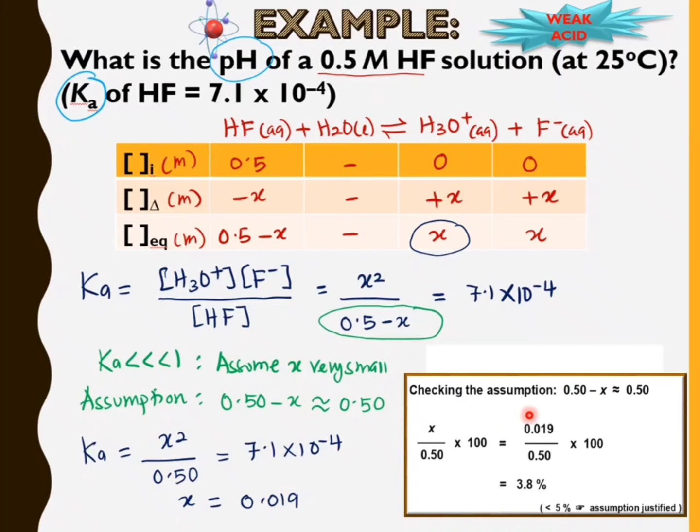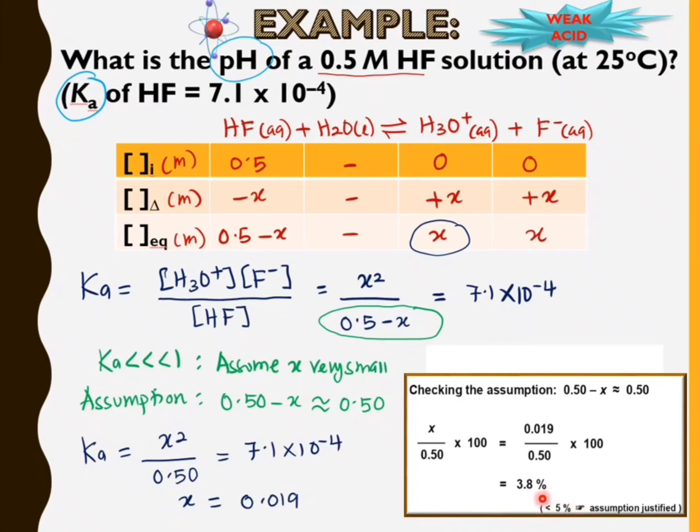Kita nak tahu assumption kita ni boleh terima ke tak. So di mana X ni adalah change of concentration, 0.5 ni adalah initial concentration. Ini kan formula degree of dissociation ataupun percentage ionization. Okay, darab 100. So masukkan nilai X yang kita dapat tadi dalam ni, kemudian awak dapat 3.8%. So bila kurang daripada 5%, ini yang dipanggil 5% rule tu.